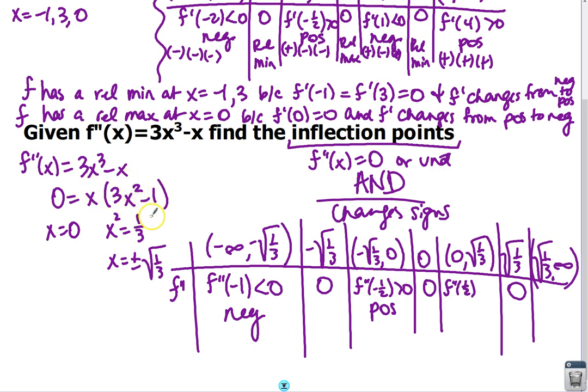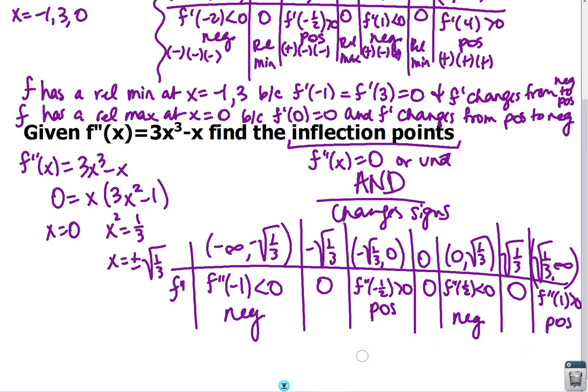I already know that this would be a negative, so positive times a negative would be negative. And then let's go with f double prime of 1. Positive 3 times 1 squared minus 1, also positive, so this is positive.